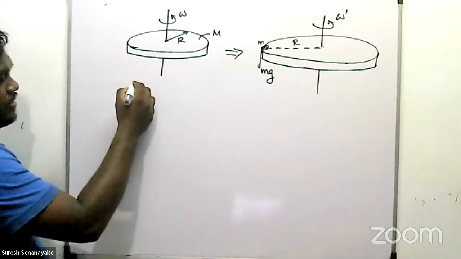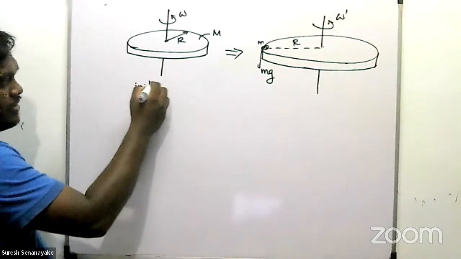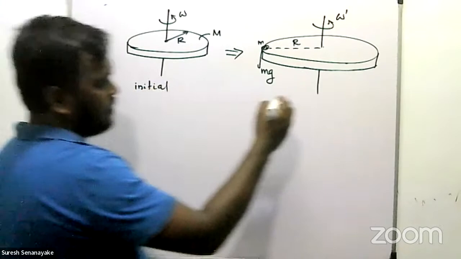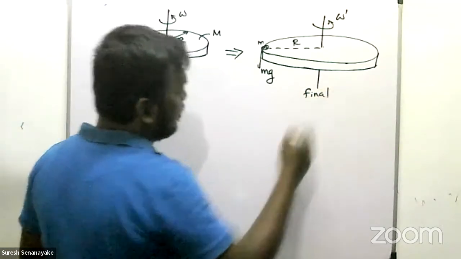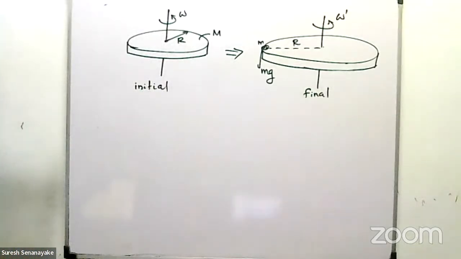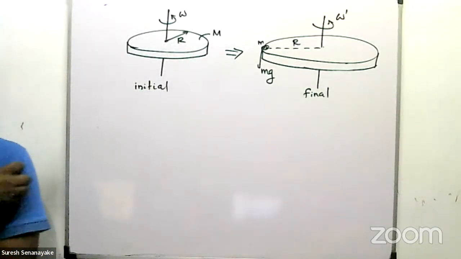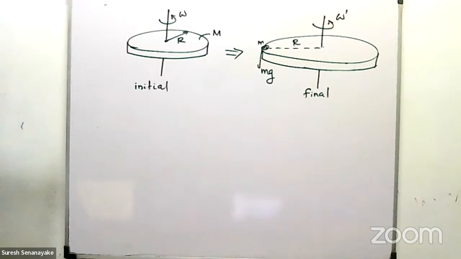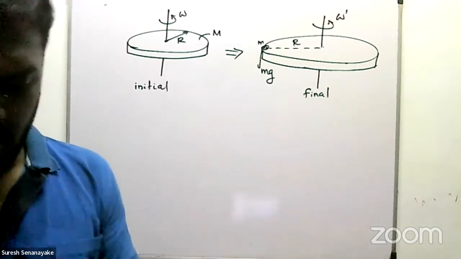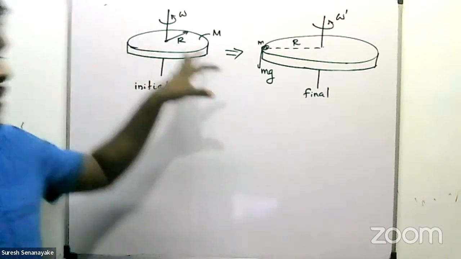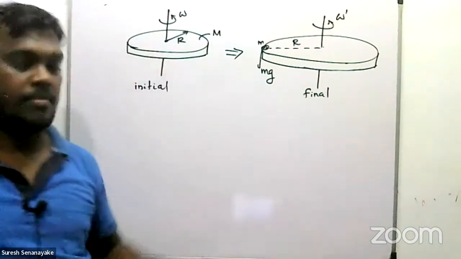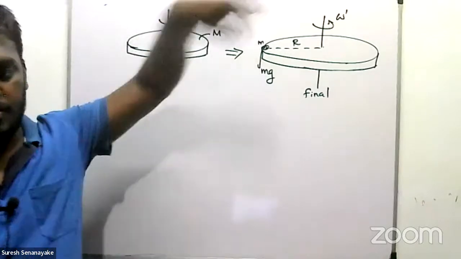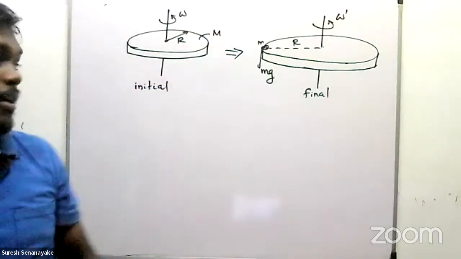This is the initial system, and now this is the final system, that is, after the mass falls on it. There is no torque applied on this system. The rotating disk has an object that drops on it and sticks on, right?